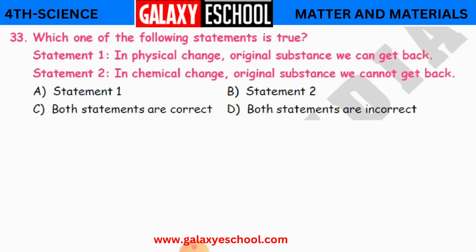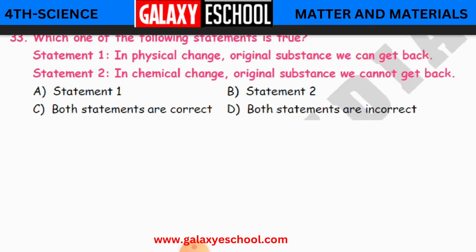Which one of the following statements is true? Here you have got two statements, and you have to name which one is true. The first statement is, in a physical change, the original substance we can get back. Is it true, children? Yes.